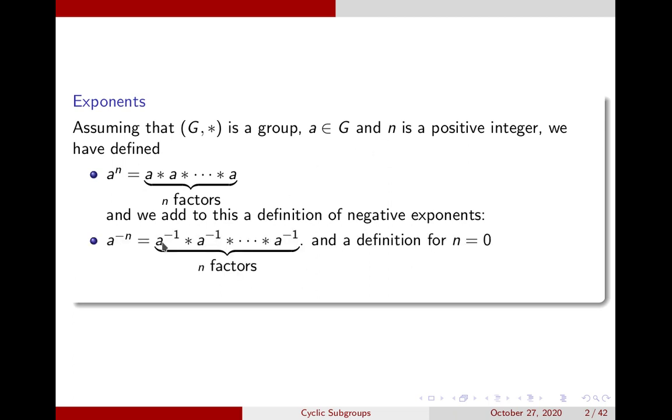We define a to the minus n, if n is a positive integer, to be what you get when you combine n factors of a inverse using the group operation. And then finally, we could also include n equals 0 as a possible exponent by defining a to the 0 to be the identity element of the group.